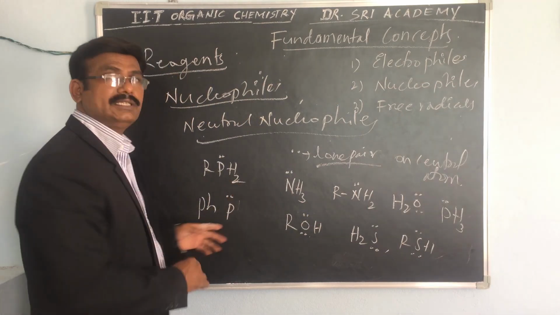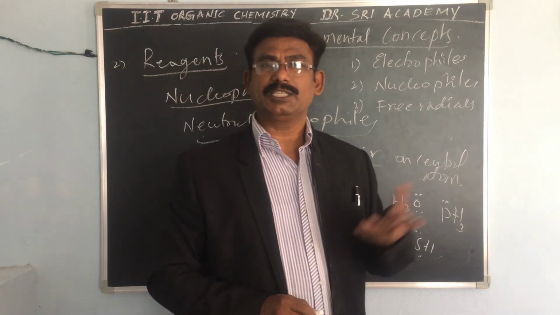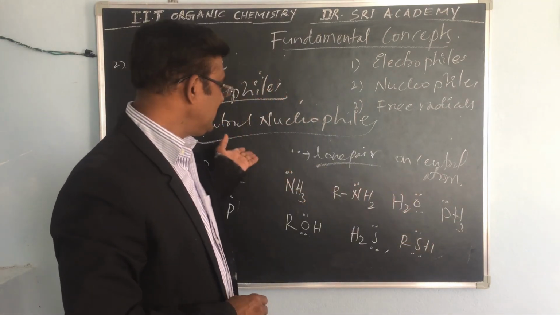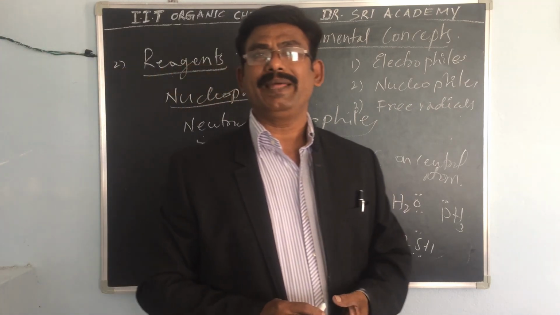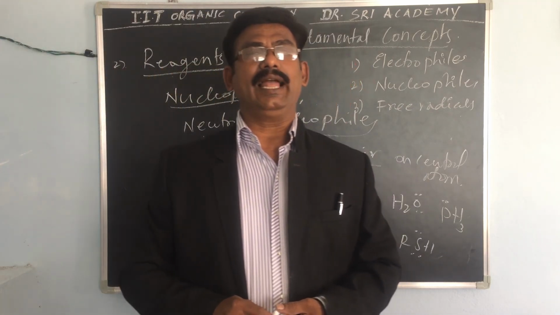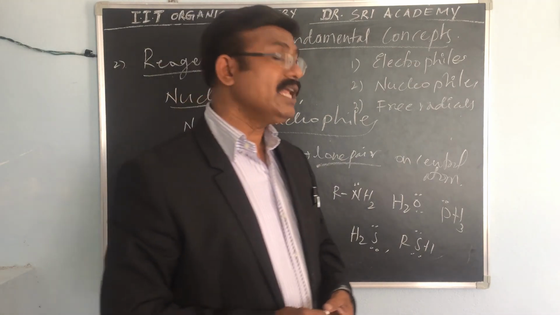This also contains a lone pair on phosphorus. So all these, containing a central atom with 1 or 2 lone pairs of electrons, act as neutral nucleophiles. Okay, thank you very much.